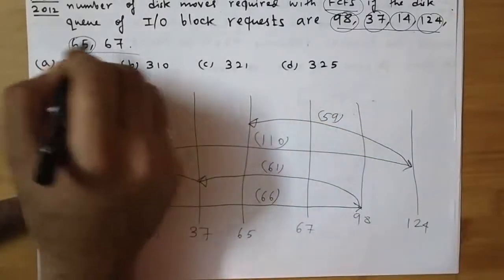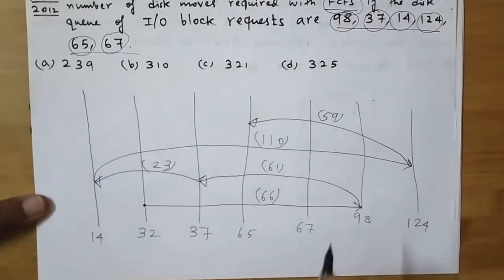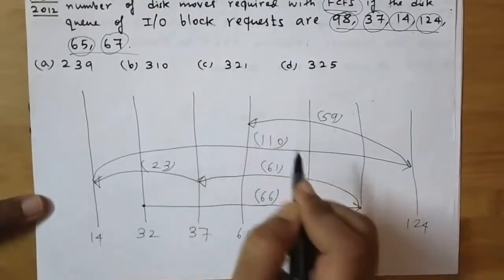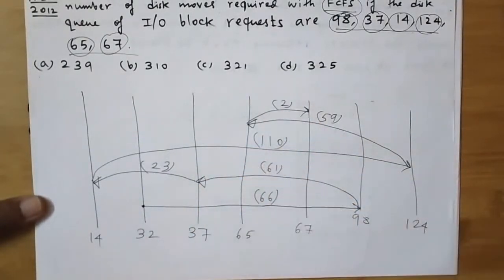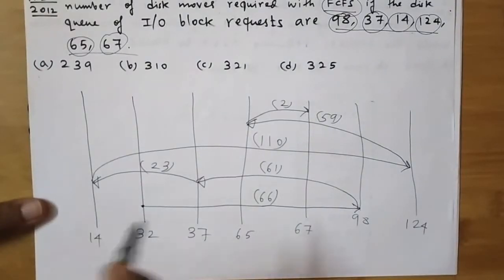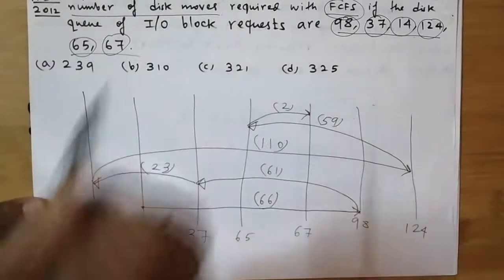And finally, from 65, if we move to 67, we would have covered 2 blocks.